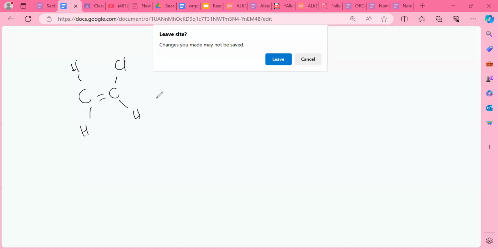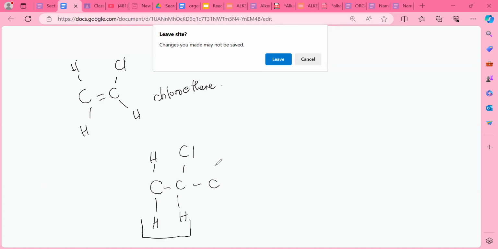So here we have another monomer unit, which is chloroethene, 1-chloroethene. When we draw a partial structure of the polymer, I'm going to use 3. I draw back the monomer unit, and this is once.